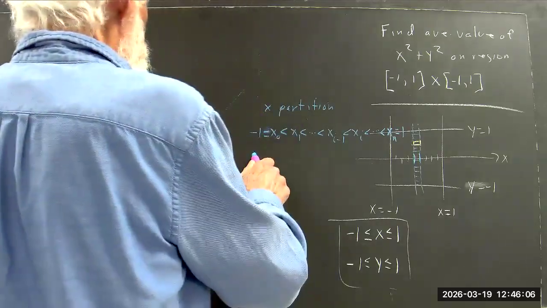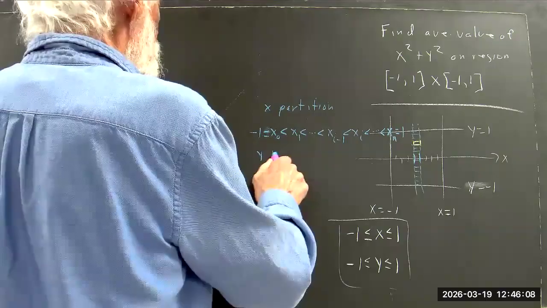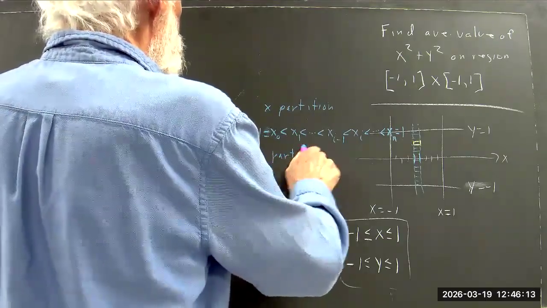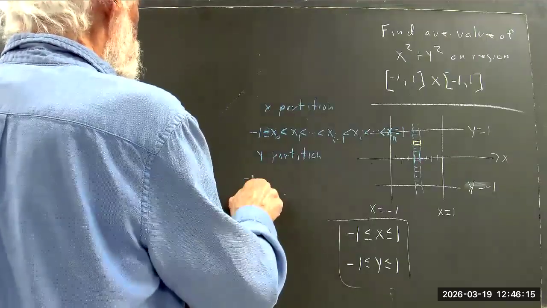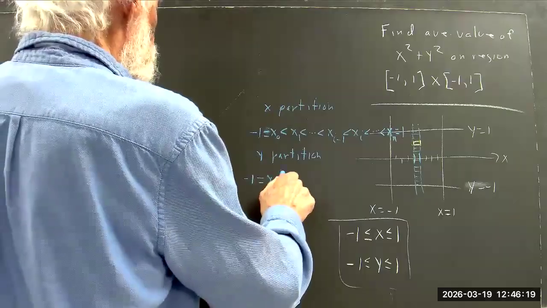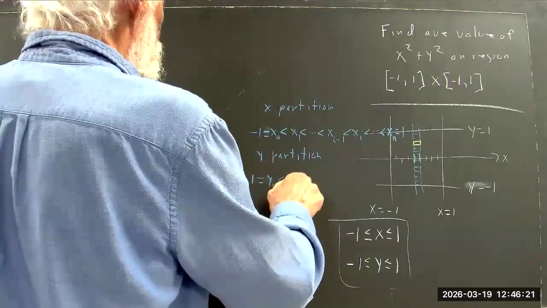The y partition, in this case, is exactly the same as the x partition, except of course we've got y values, y naught less than y1.